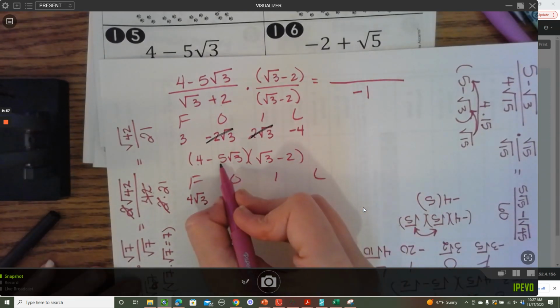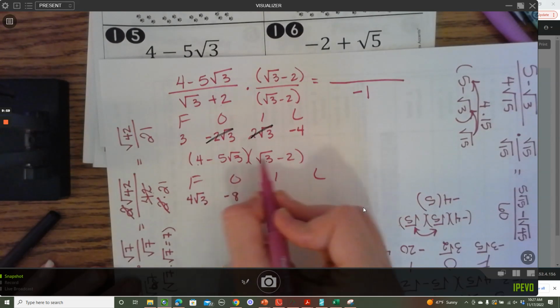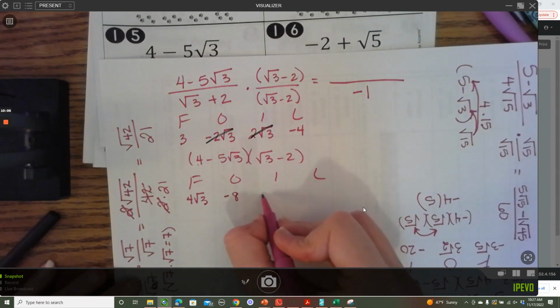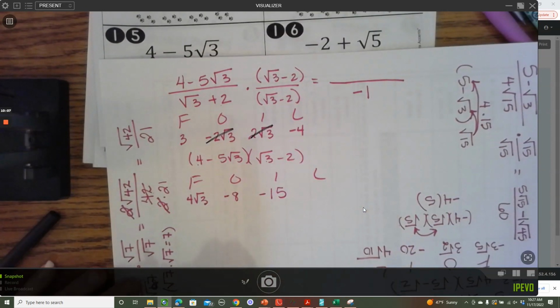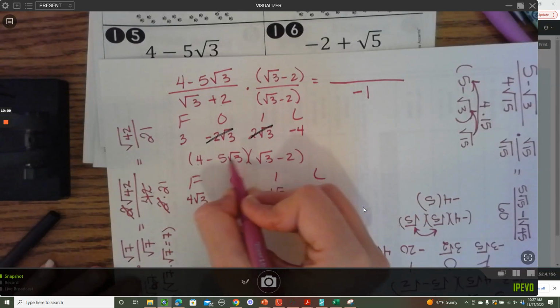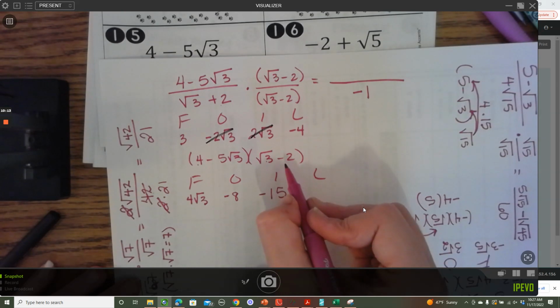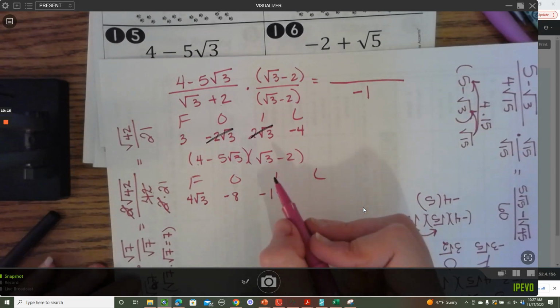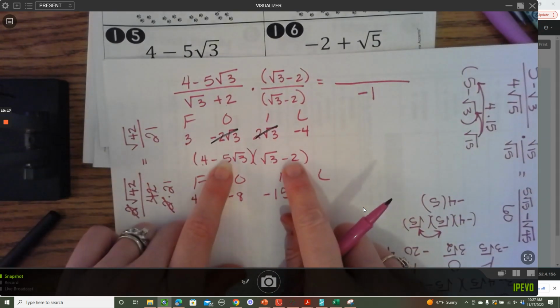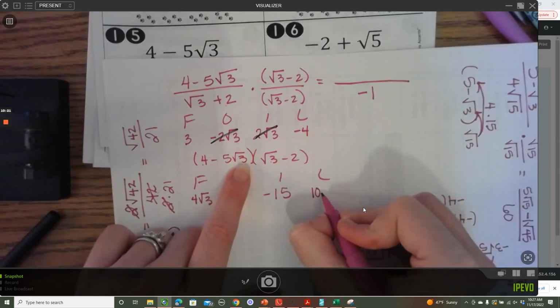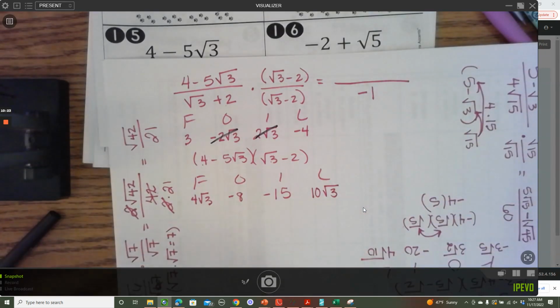Inside, negative 5 square root of 3 times square root of 3 is negative 5 times a positive 3, negative 15. What about negative 5 square root of 3 times a negative 2? Negative 5 times the negative 2, so that'd be a positive 10. Tack the square root of 3 onto the end.